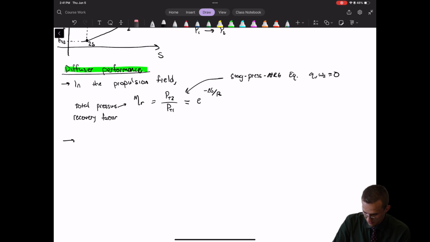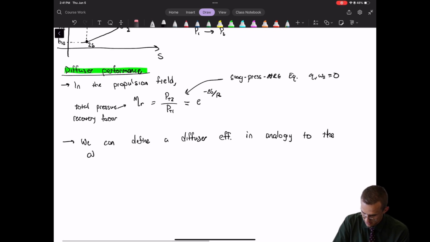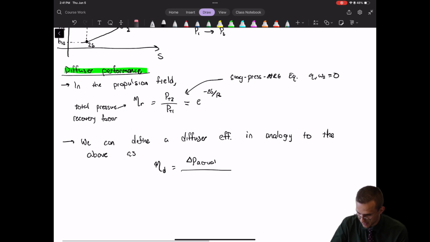So we can define a diffuser efficiency in analogy to the above as eta D equal to the realized pressure drop divided by the ideal pressure drop.